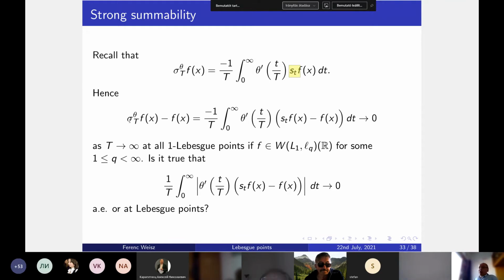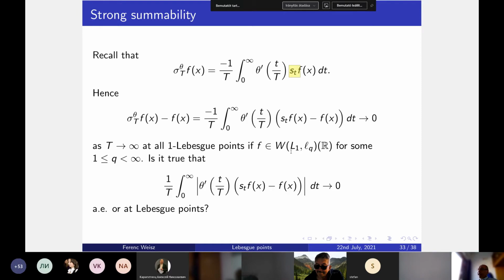I proved before that the theta means converge to f for all 1 Lebesgue points, if f is in the space W, L1, L infinity, but here I have written L1, LQ. This is a small space, but the Dirichlet integral can be defined also only for these functions. It cannot be defined for the L1, L infinity space.